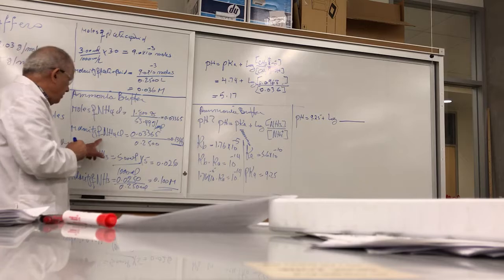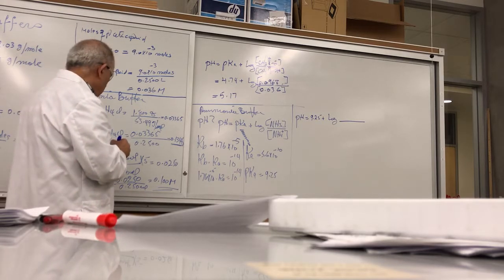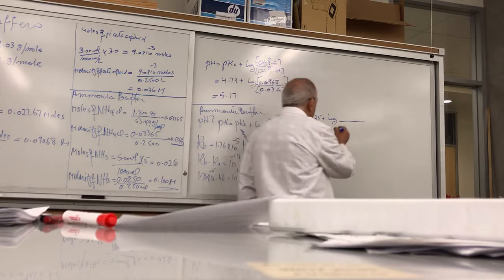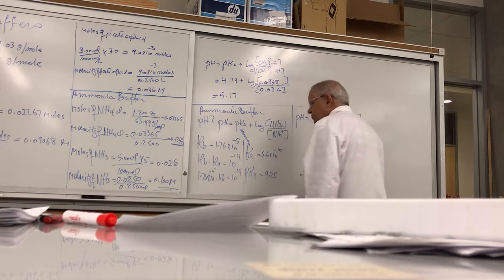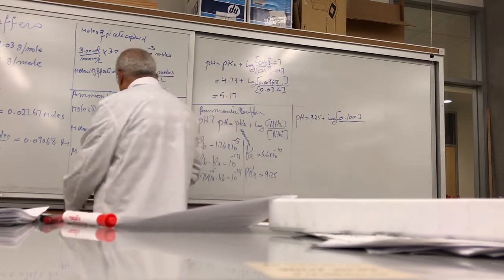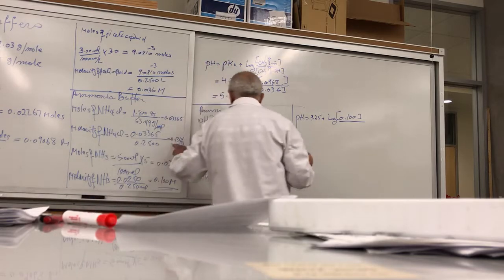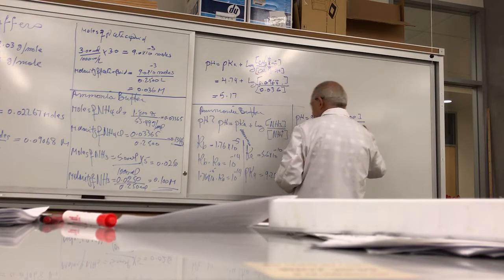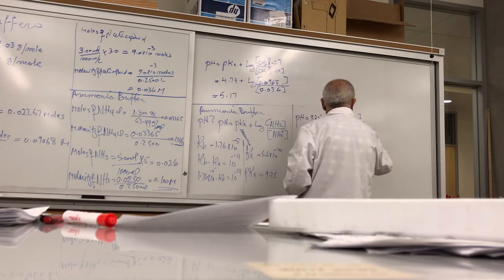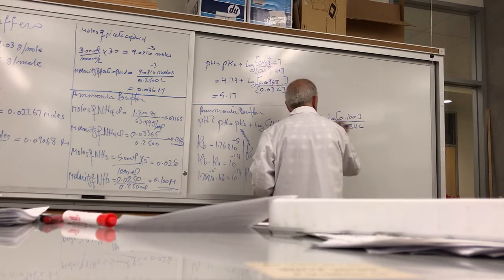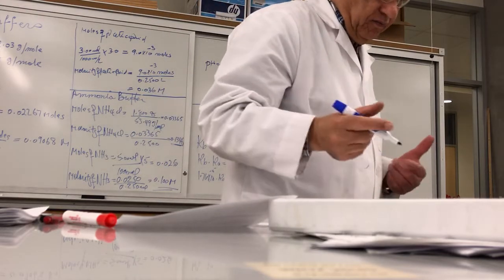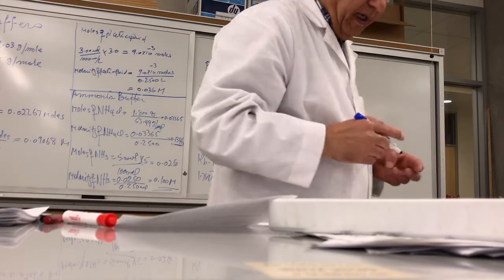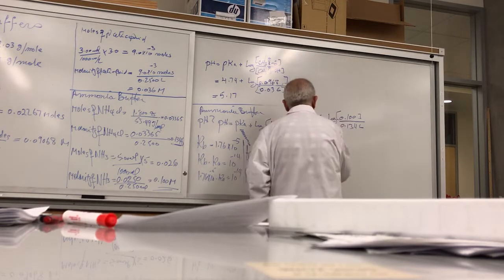Where's that? Molarity of ammonium chloride here. So that will be 0.100 over, that's the ammonia, over 0.1346 for me. And you will find that, do the math, and you will find your pH for that ammonia buffer comes to 9.12.